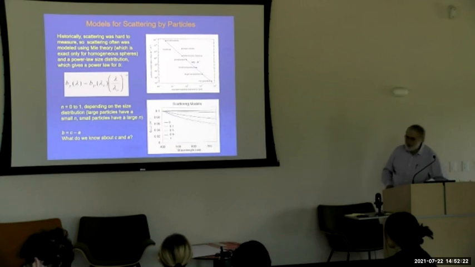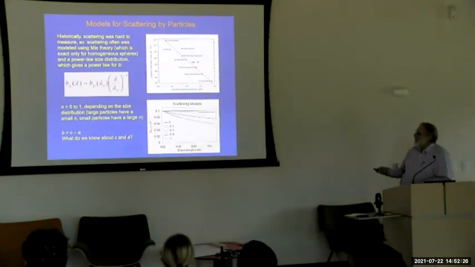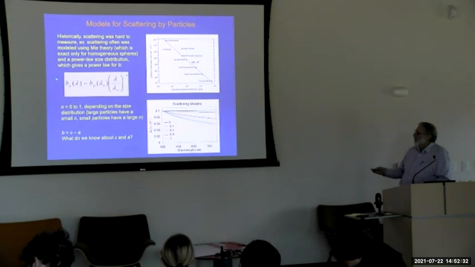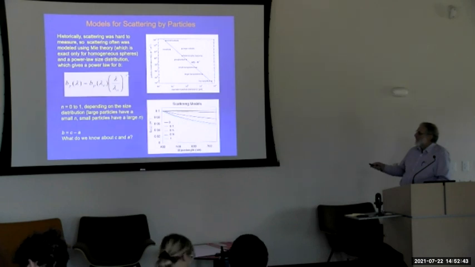Okay, so models for scattering. A very common model says, I want to know particle scattering, so I've subtracted out the water. So I've got particles, and they look like the scattering coefficient at some normalizing wavelength times a function of wavelength over that normalizing wavelength to some power n.